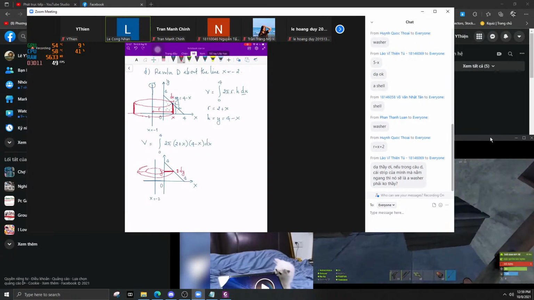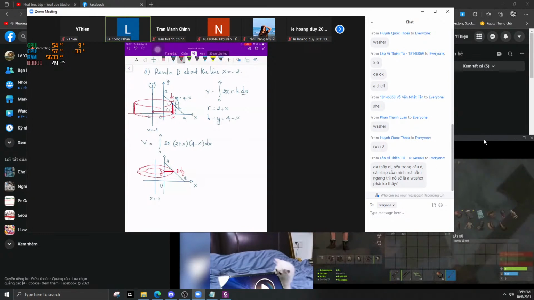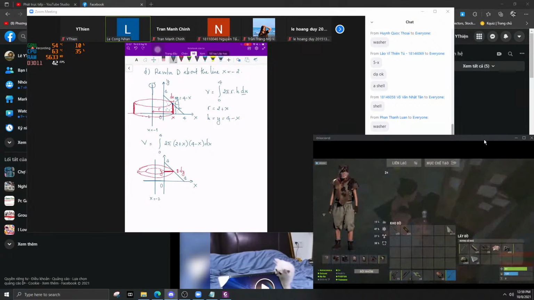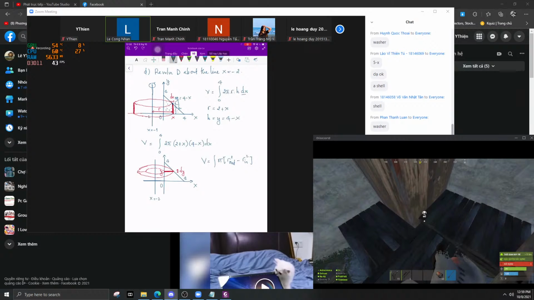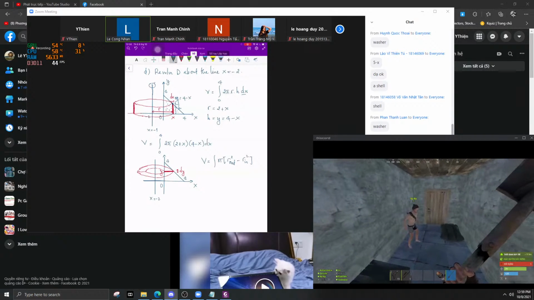We know that the volume of the solid of revolution when the cross section is a washer is given by the integral of pi times the outer radius squared minus the inner radius squared. Because this is the horizontal rectangle, the variable of integration is y, so we have to multiply by dy.